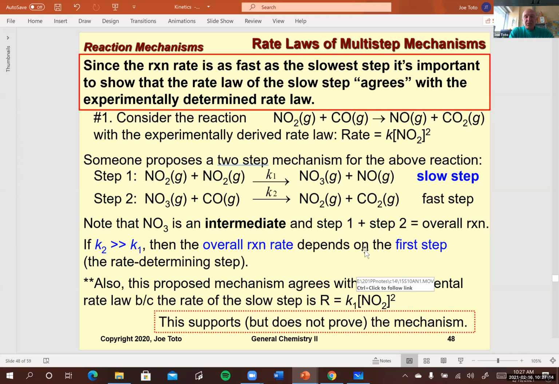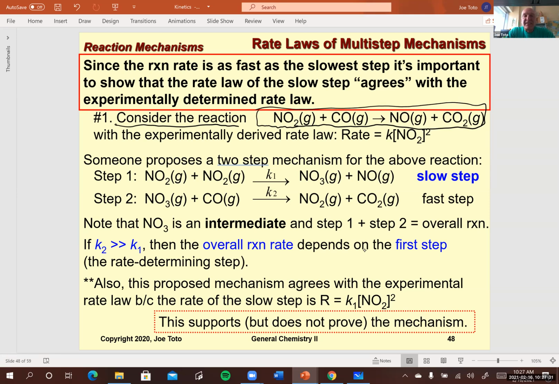So the usual thing is, so far in your career, you've looked at a lot of reactions, a lot of reactants and products. So here's another one. Consider this reaction.